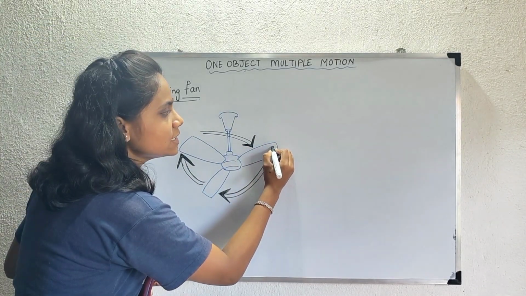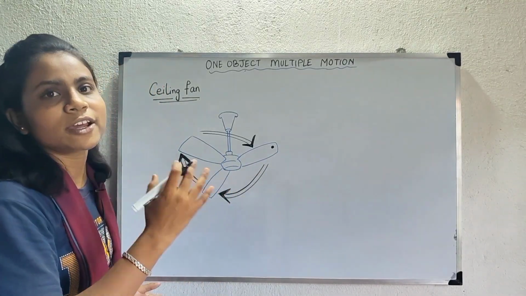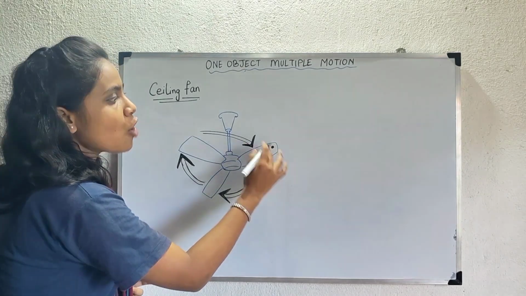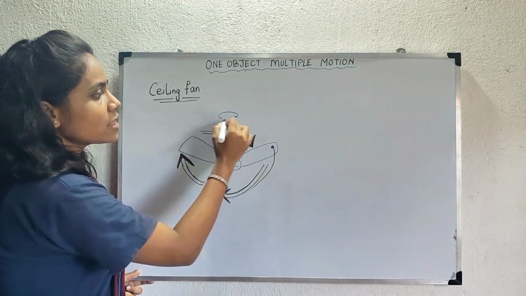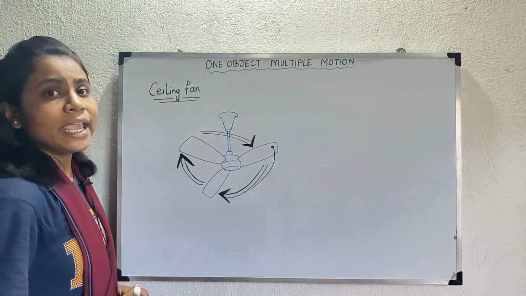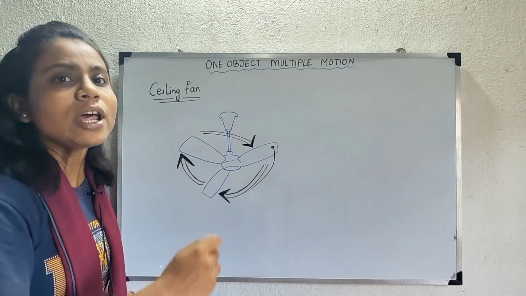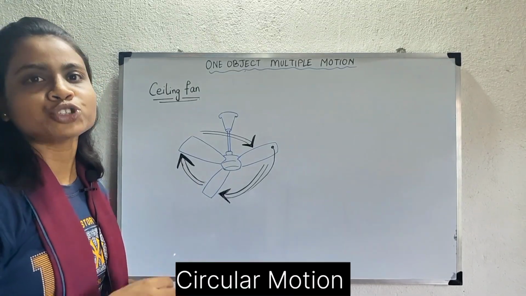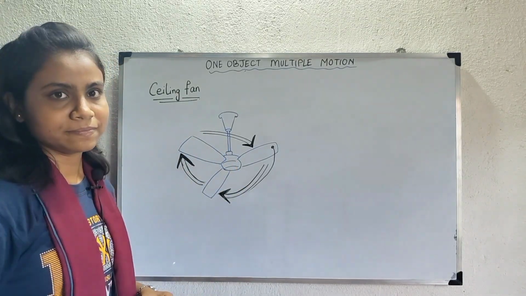Let us consider this point in this blade. Now observe carefully. While rotating, this point of the fan moves in a circular path. Any point in a blade covers a circular path. Hence, this is the circular motion shown by the blade of the fan.